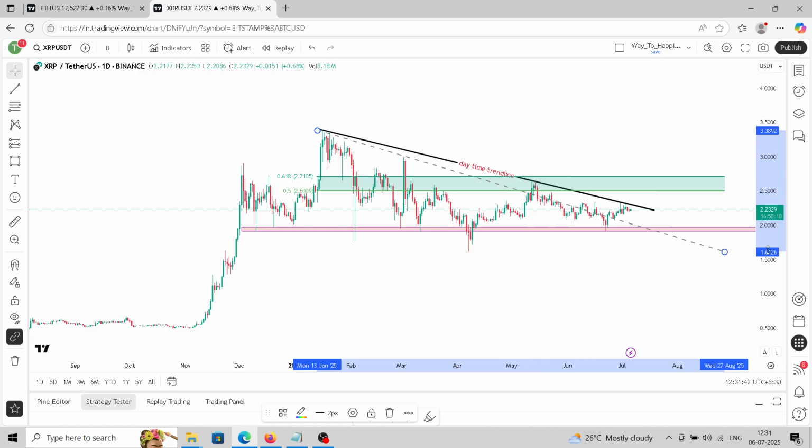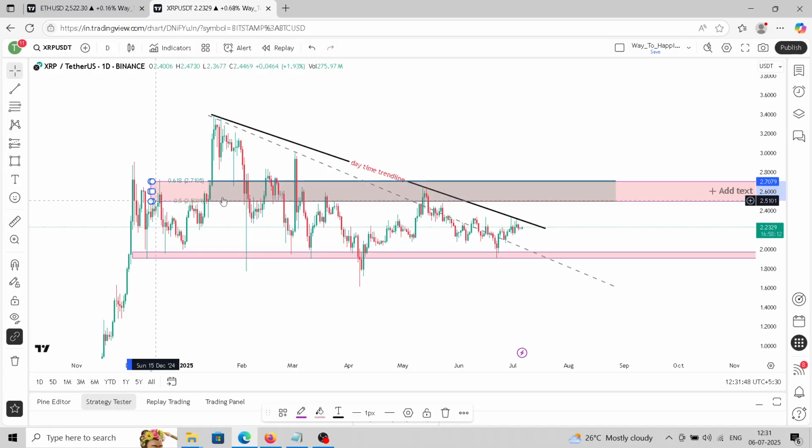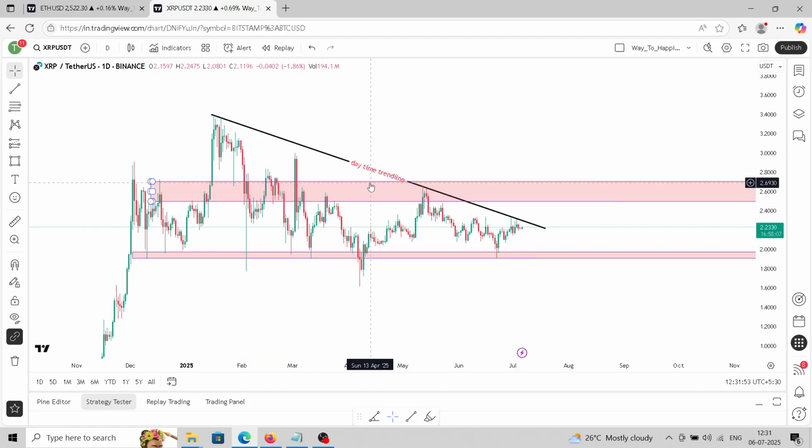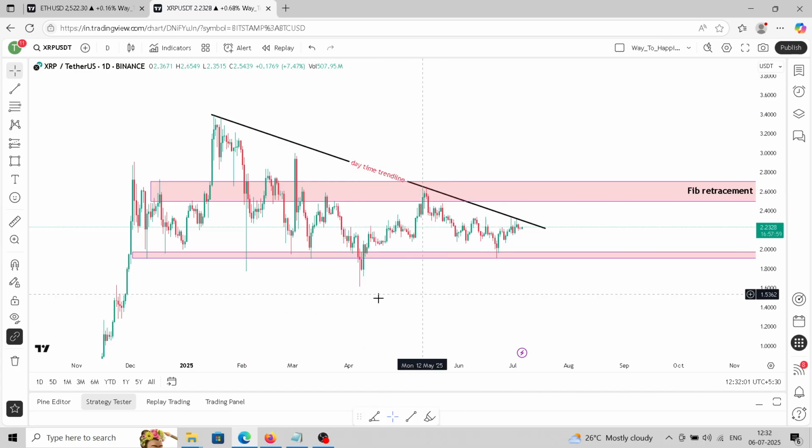Let me mark this also. What is this? This is my fib retracement. Okay. Now for the fib retracement on the daily time frame, it is taking a rejection from the trend line.